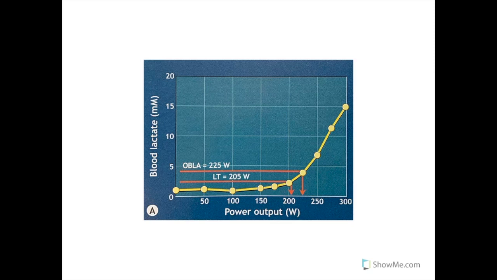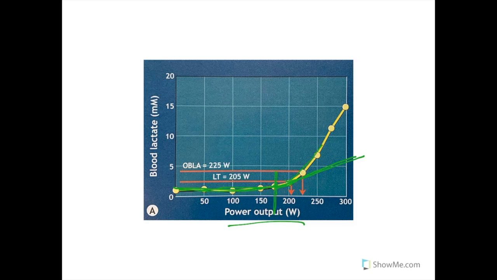Now, the interesting thing about lactate thresholds is if you look at it a little more closely, you can see there's actually two thresholds. As you continue to exercise, and in this graph it's represented by a power output such as on a bike, you do get a deflection right here, and that is a break from this straight line, and that is a first lactate threshold.